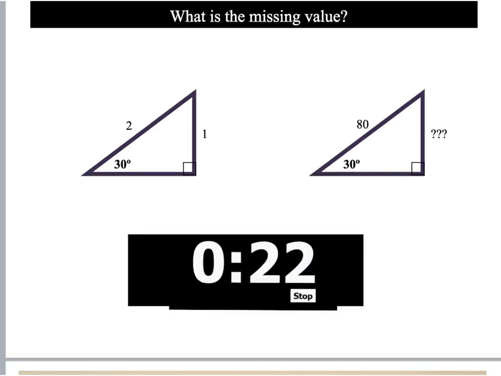So here's an example, two triangles, one that I've got both sides for, one where I've got a missing side, and I'd like to use these two triangles. Can you work out what this missing value is? In your head, please don't talk about it for now. I'm going to give you 22 seconds to do that.